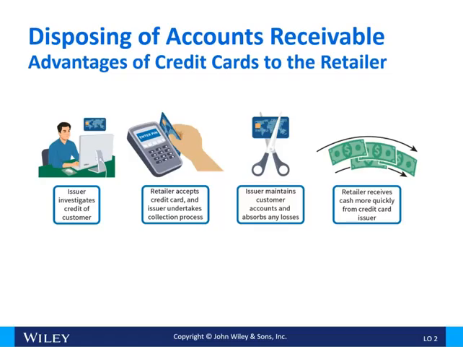Once they get the authorization at the retailer, there's nothing else they do. The risk is all passed to the credit card issuer. The issuer maintains the customer accounts and absorbs any losses, and the retailer receives cash more quickly from the credit card issuer compared to offering credit on their own.